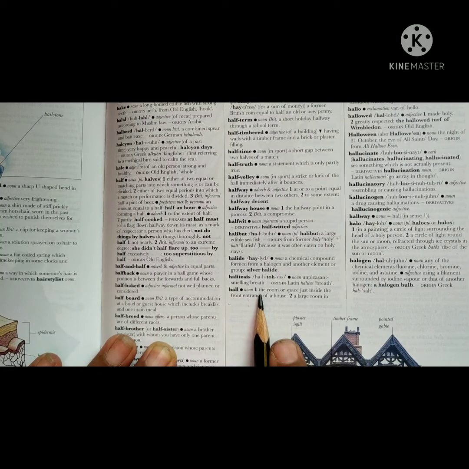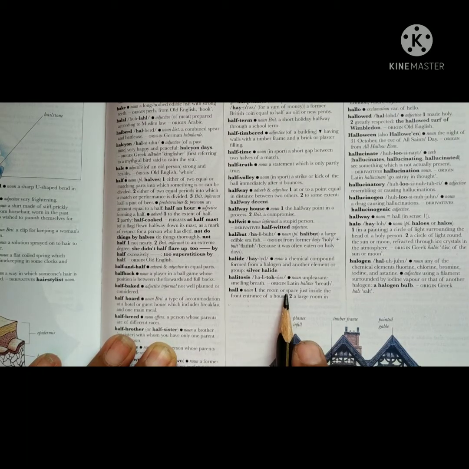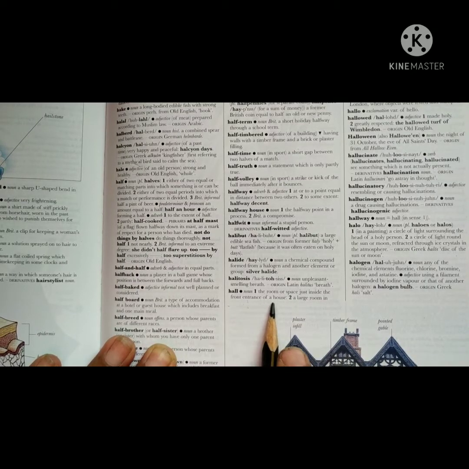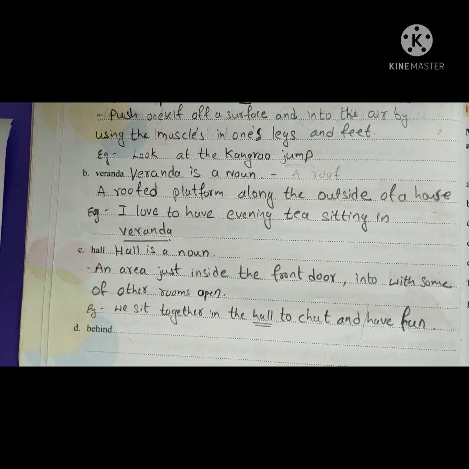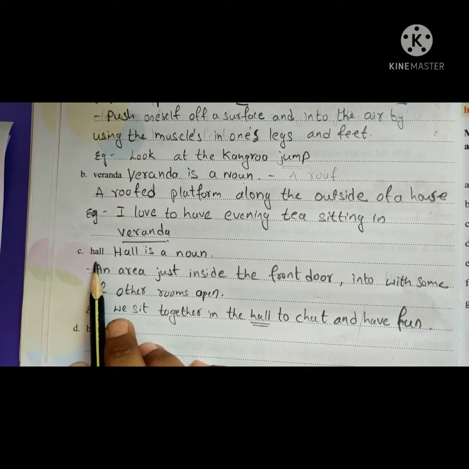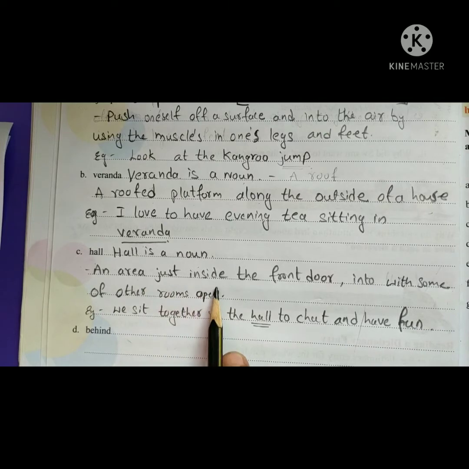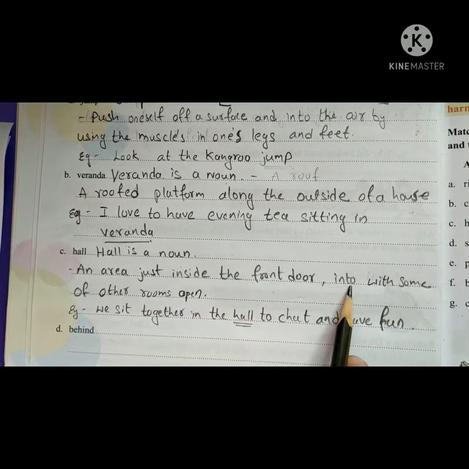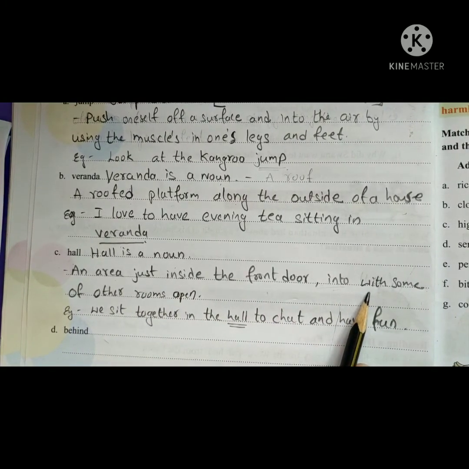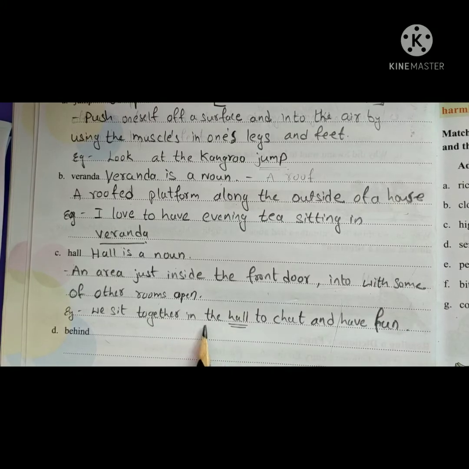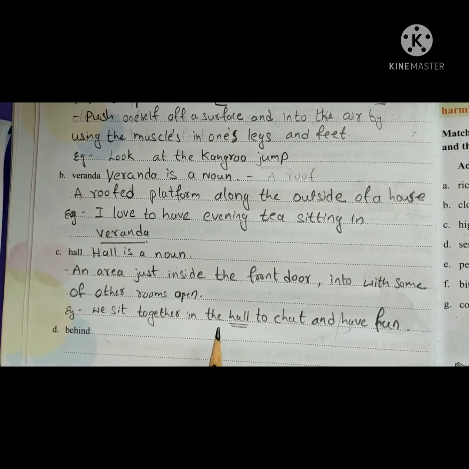And meaning for this is the room or space just inside the front entrance of the house. Okay children, hall is a noun, an area just inside the front door with some other rooms open. Example, we sit together in the hall to chat and have fun.